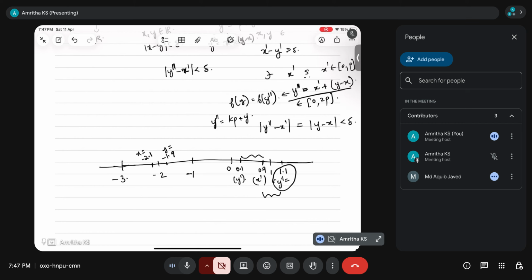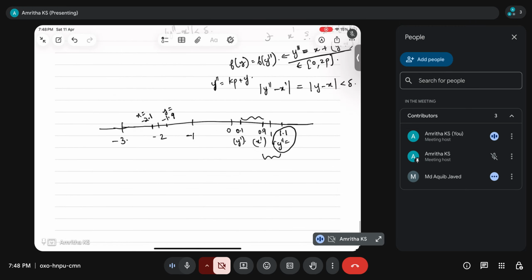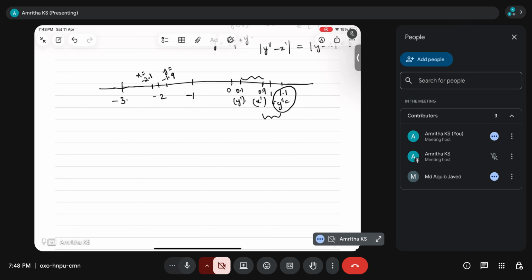Okay. So maybe we can do one more exercise. So, are you aware of that continuous function which is not differentiable anywhere?